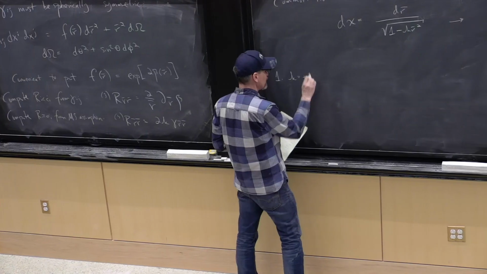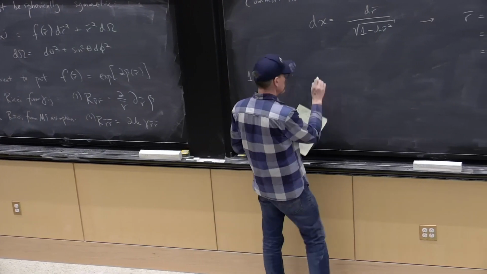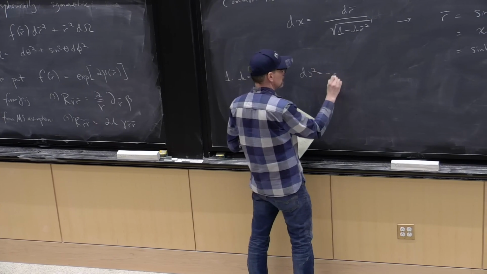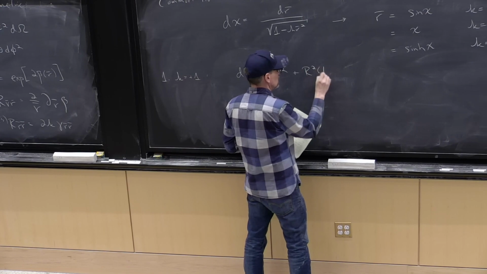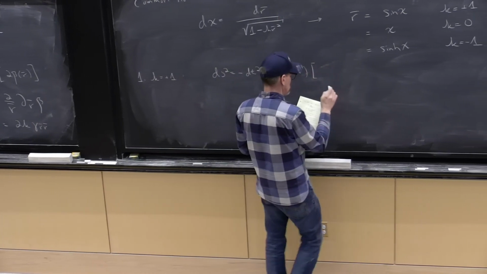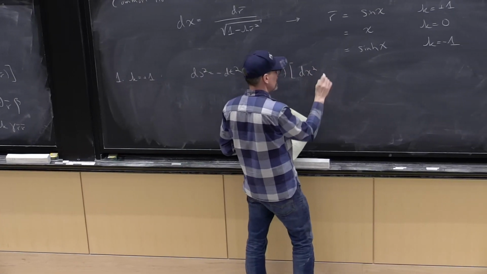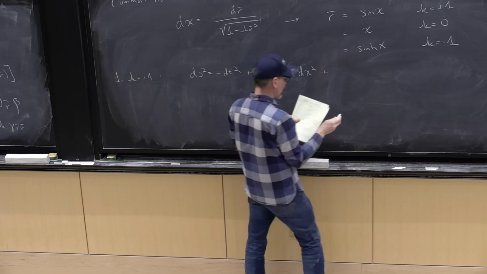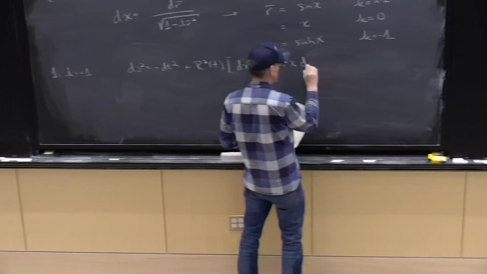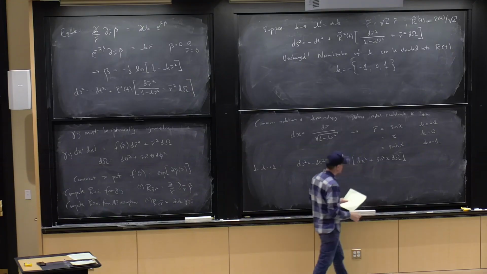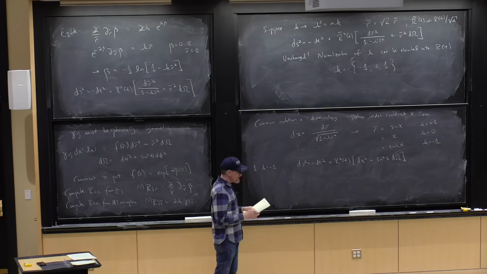So let's look at k equals plus 1 first. I get minus dt squared, r squared of t, d chi squared plus, I'm going to use the fact that r bar this describes a spacetime in which every spatial slice is what is called a three-sphere.